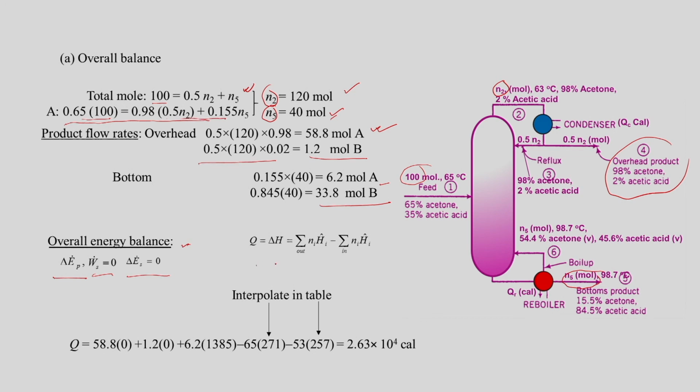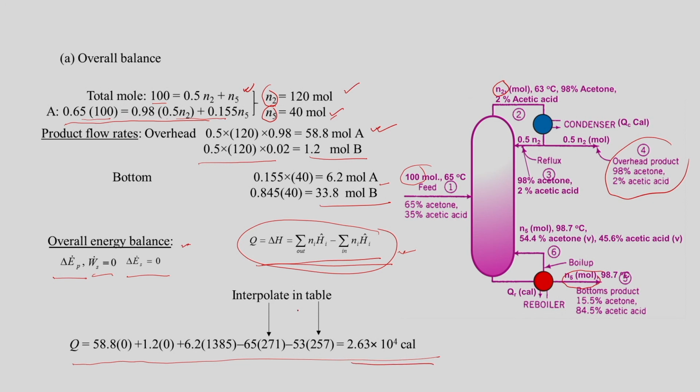So overall, Q will be equal to delta H, which is the summation of Ni Hi outlet minus the summation of Ni Hi inlet. Here we identify the inlet and outlet streams, based on which we do the energy balance. From this energy balance we can write Q directly, and after substituting the values for the inlet and outlet conditions, we finally get a value of 2.16 times 10 to the power 4 calories.